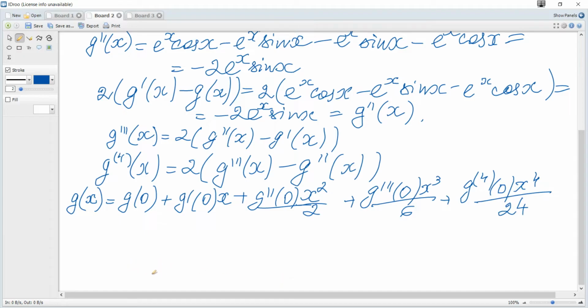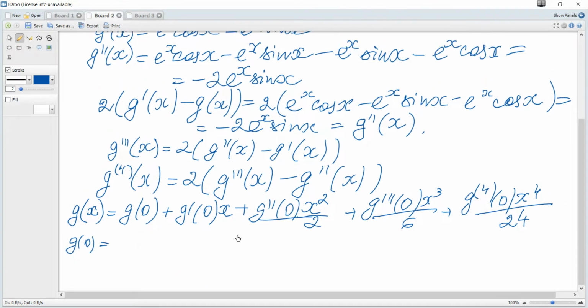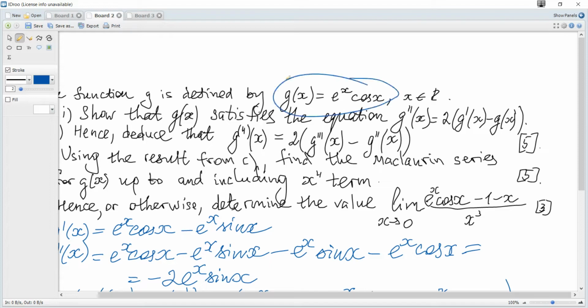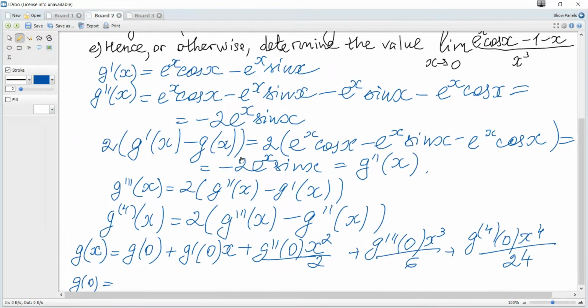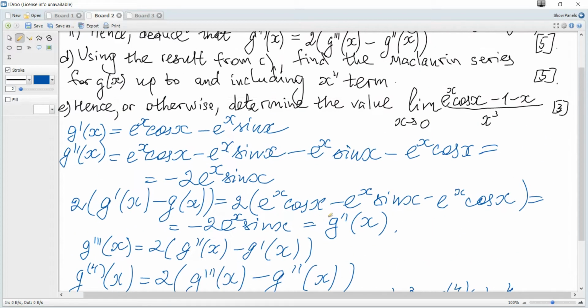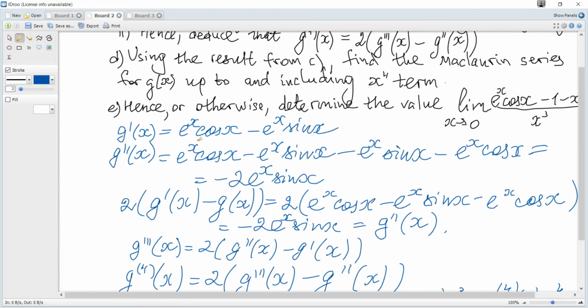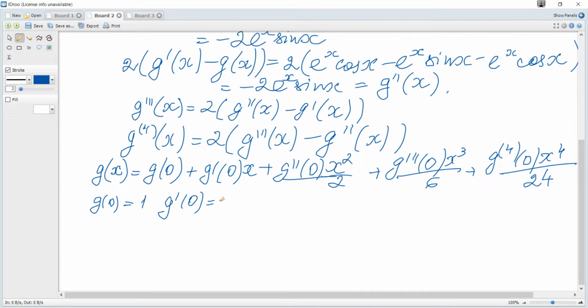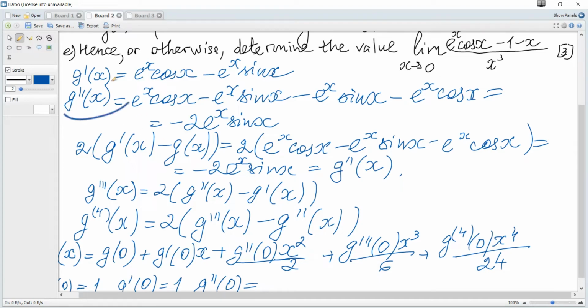And we need to find g of 0, and the first, the second, the third, and the fourth derivatives at 0. So the function at 0, we can see that it's just 1. The first derivative at 0, where is it? It's here. So we can see that it's 1 minus 0, it's 1. The second derivative at 0, it's this, it's negative 2.